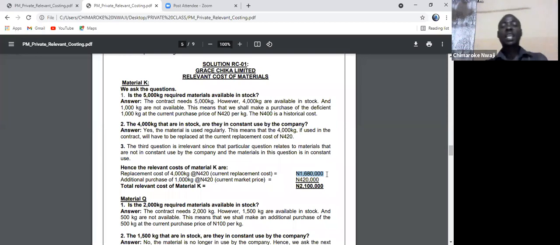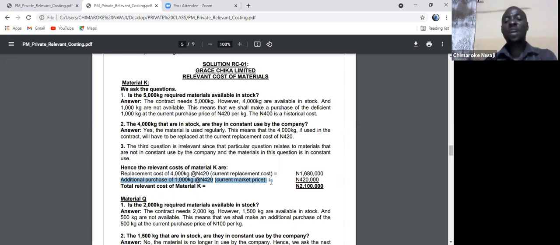So 4,000 kg is being replaced because what you have in stock is 4,000. 1,000 kg is not replacement, it's additional purchase. Though both of them have the same prices, 420, 420, you should know that 4,000 kg was available. And if you use it, you are replacing it.